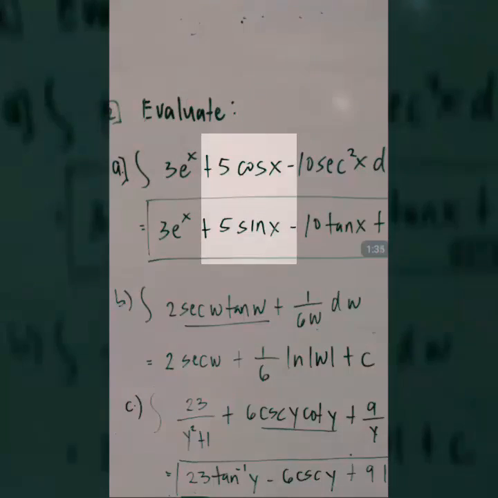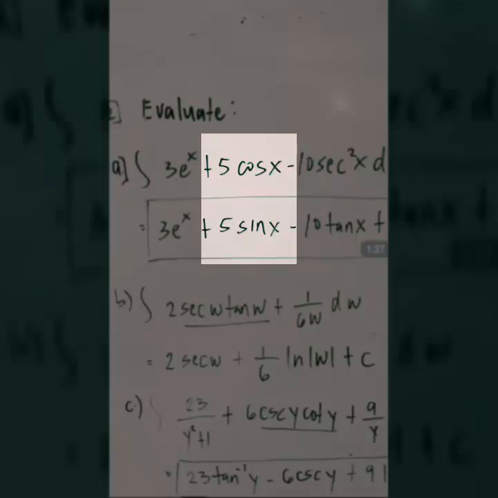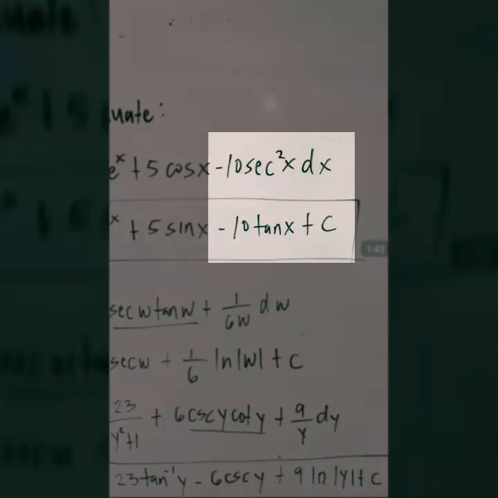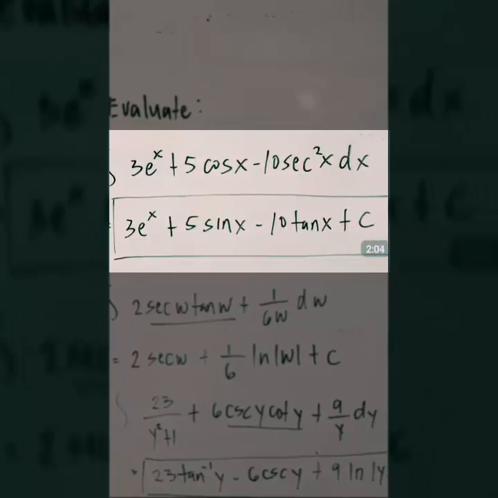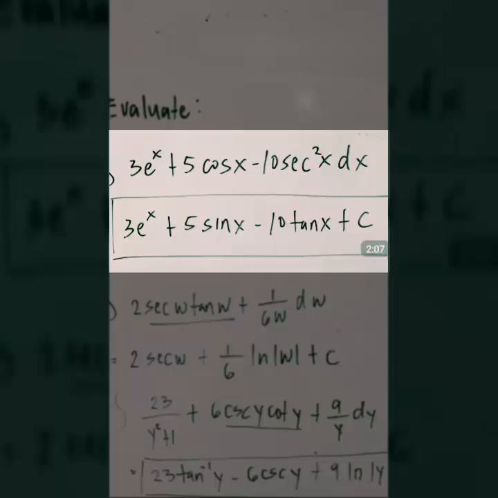Second is 5 cosine x, integral ng cosine, positive sign, 5 sin x. Sa third term, involve yung secant squared x, ang integral ng secant squared x dx equivalent sa tangent x. Kaya ang ating final answer: 3e^x plus 5 sin x minus 10 tangent x plus c. Don't forget the plus c, kasi we're integrating indefinite integral.